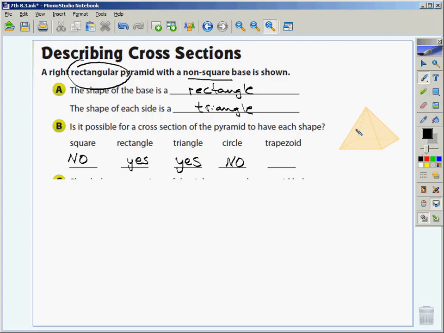If you look at your figure there, on the bottom, you'll see one that looks like this, where they've taken a plane and they passed it through horizontally, but they didn't pass it through the vertex. And so if I did that, roughly it would look like that. And what shape is that? That is a trapezoid.